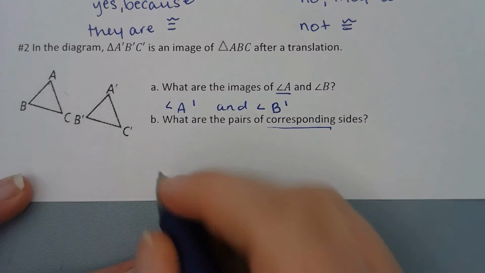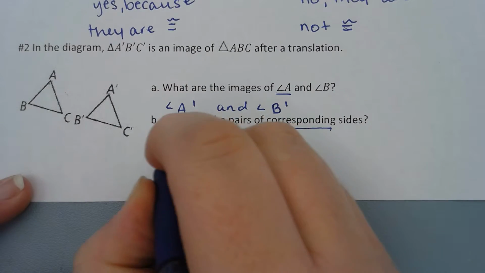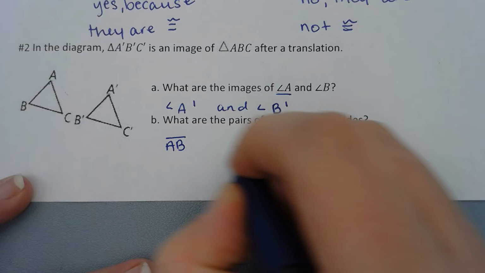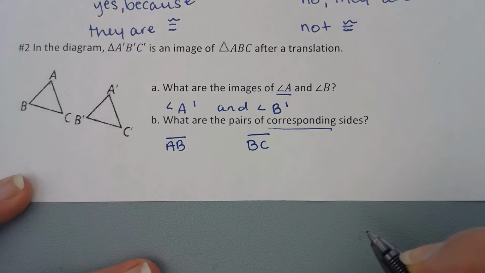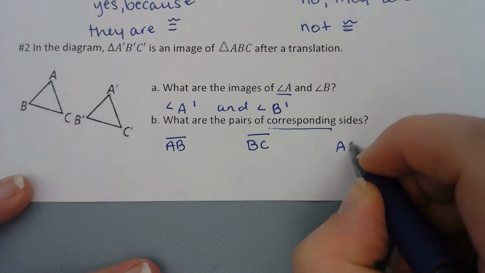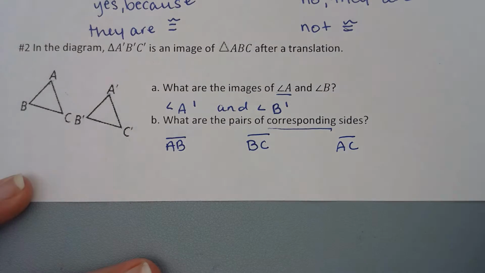If you look over here, I have side AB, which is a segment, side BC, which is a segment, and side AC, which is a segment. Those are the 3 different sides of my shapes. I'm getting those names by just naming the points that connect to make that side.